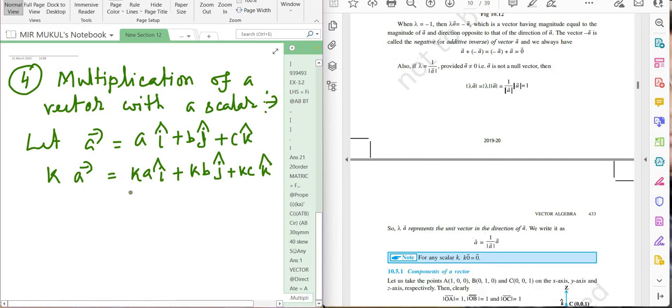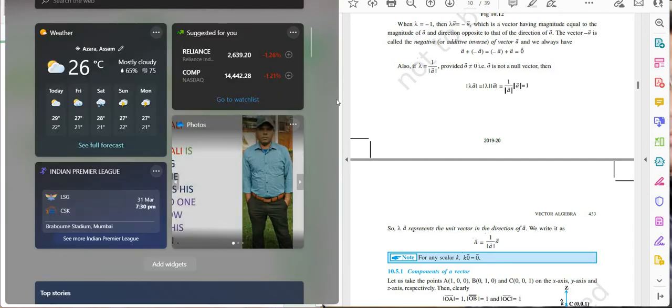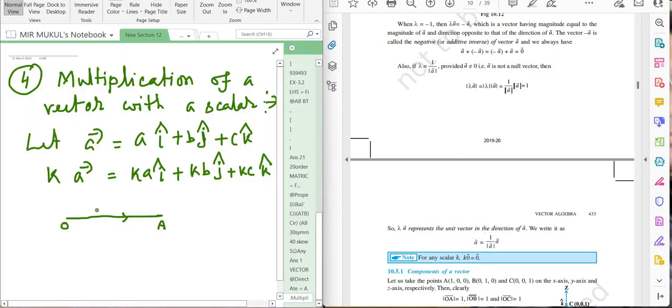Achha, what is the meaning of this? Suppose a vector a is up to this. Suppose OA up to this. Alright. So this is, suppose, A. Now if we multiply 2 with A, then direction will be same.